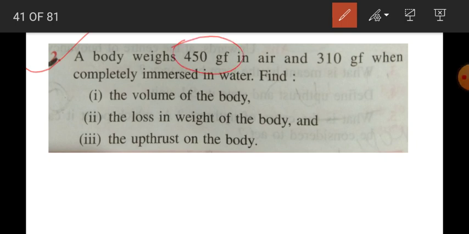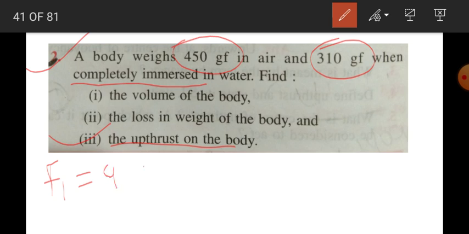A body weighs 450 gram force in air and 350 gram force in water, completely immersed. First of all we can calculate the upthrust. I'm directly calculating it; you have to write the formula first, but I'm directly doing it.